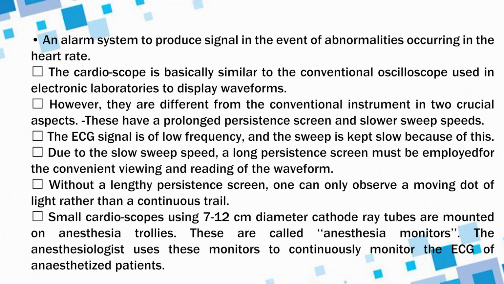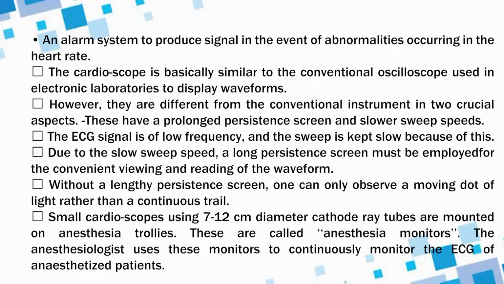The ECG signal is of low frequency and the sweep is kept slow because of this. Due to the slow sweep speed, a long persistence screen must be employed for the convenient viewing and reading of the waveform. Without a lengthy persistence screen, one can only observe a moving dot of light rather than a continuous trail.